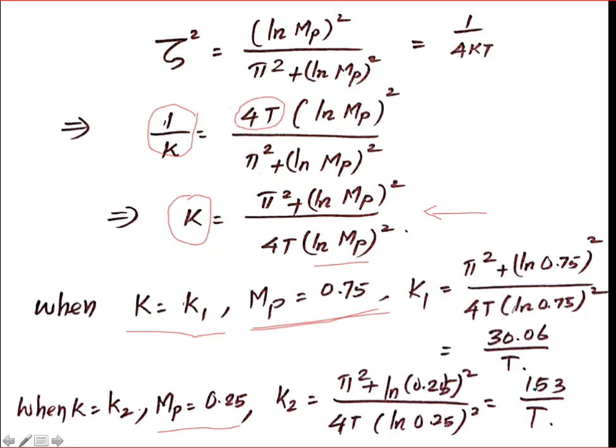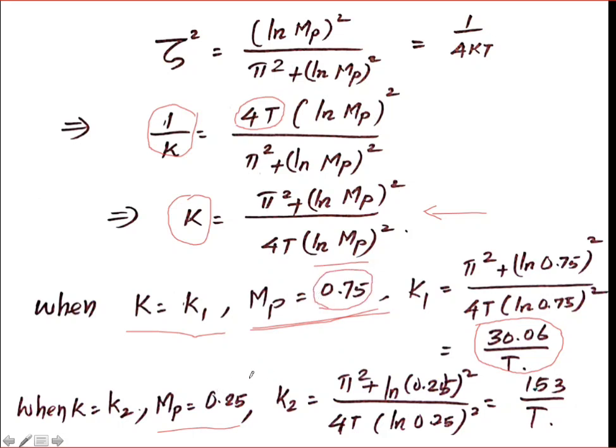You have to use a calculator to find the value of all these things and solve this equation. You will get 30.06 divided by T when the peak overshoot is 0.75. This is the value of k1.